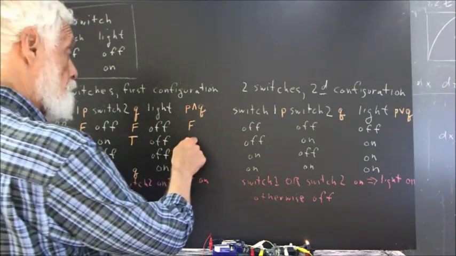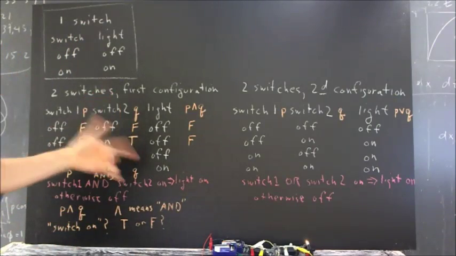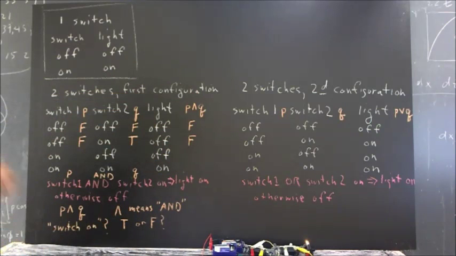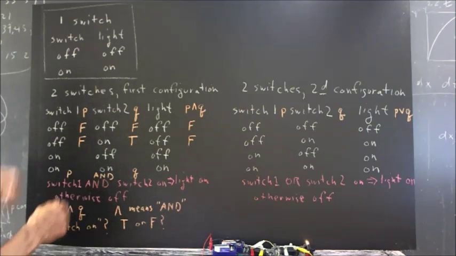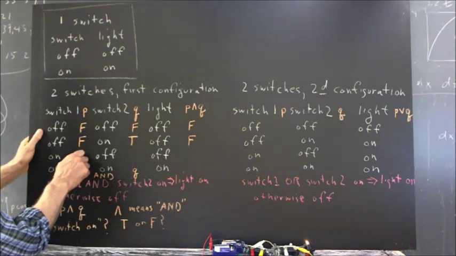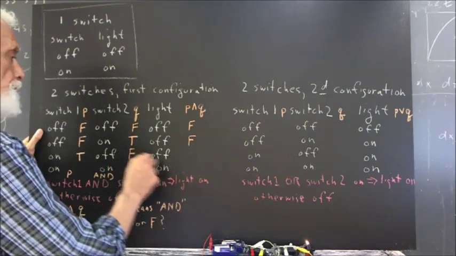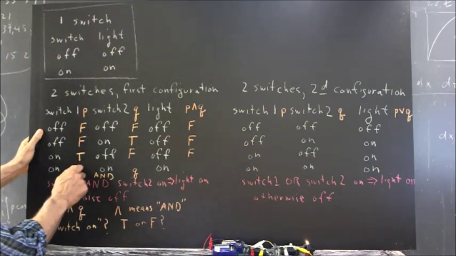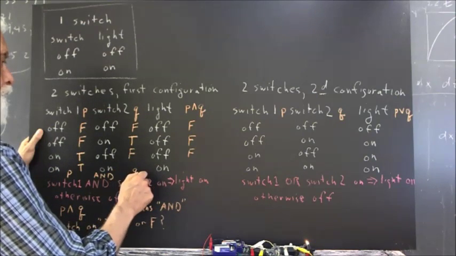Well, it's still off, because as we saw, having either switch off is sufficient to make the combination off. Okay, so now in the third case, here now the first switch is on, the second is off, and the light is still off. In the last case, the first switch is on, the second switch is on.